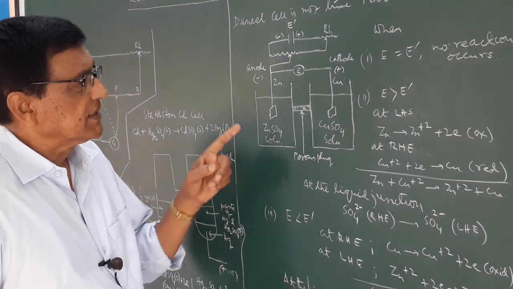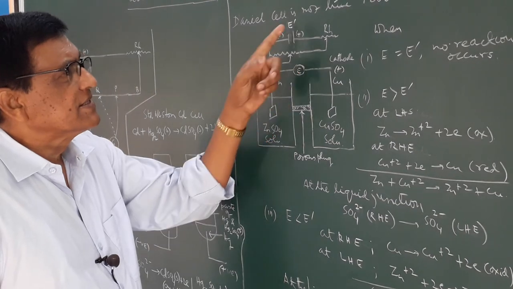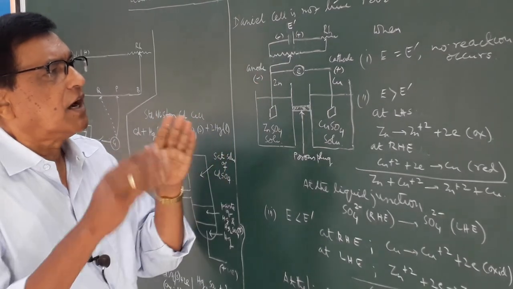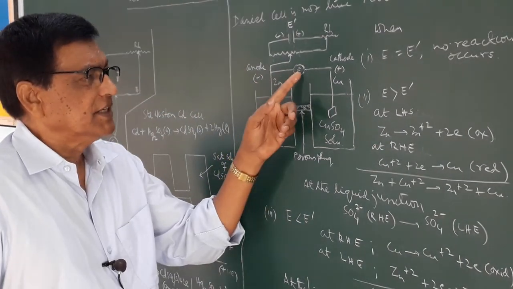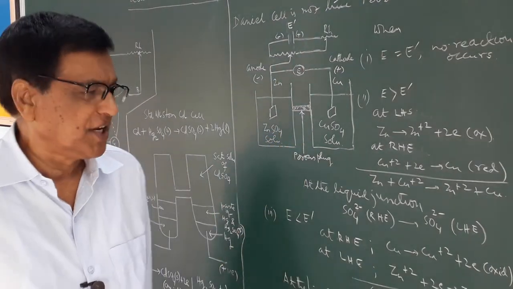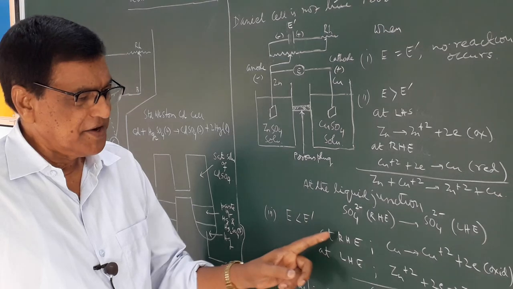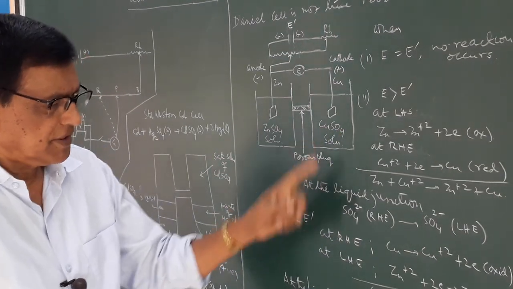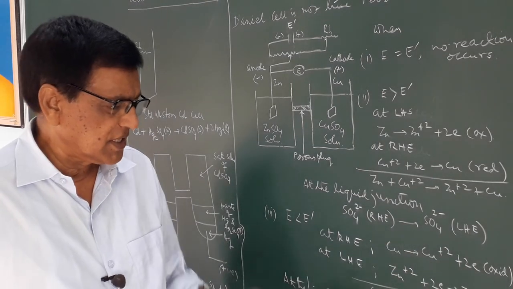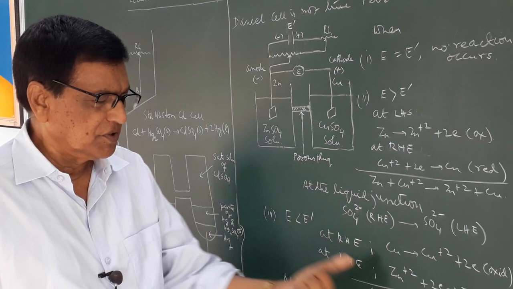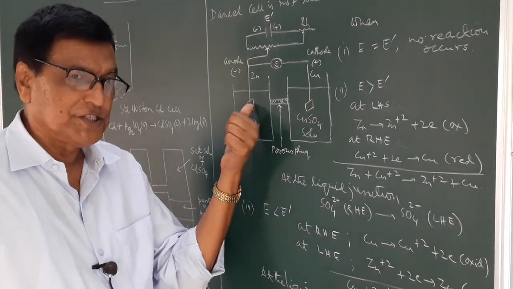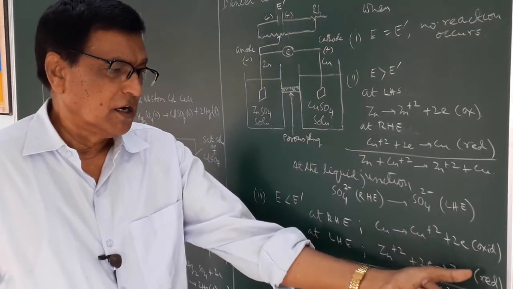But whenever E is less than E dash, means the potential of the external battery is kept higher than the cell potential, then this cell is acting as an electrolytic cell. In that case, in the right hand side electrode, copper is dissolved to give copper ion plus 2 electrons, oxidation, and in the left hand side electrode, the zinc ion takes up these 2 electrons from the zinc plate, giving reduction.